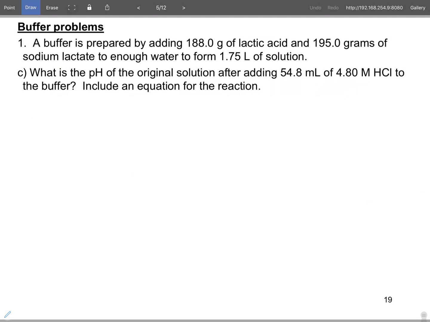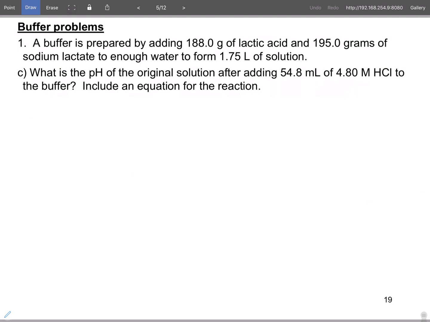Now at C and D is where we're going to add strong acid in the first one, strong base in the second one. Now, we're starting with the previous species, so we're not changing any values.